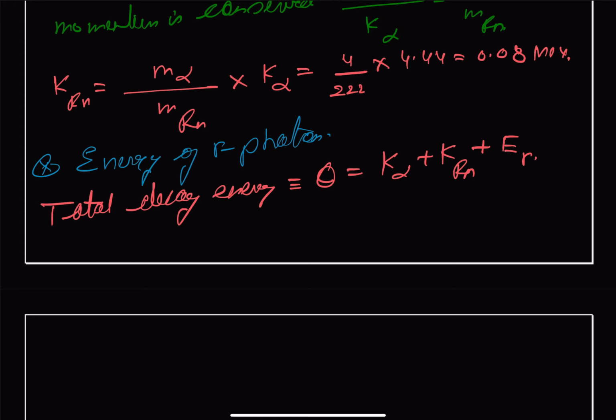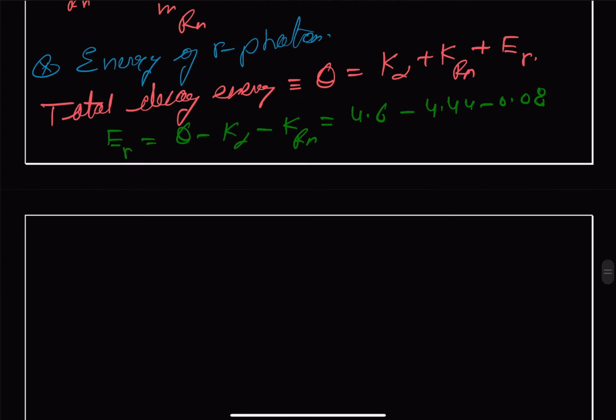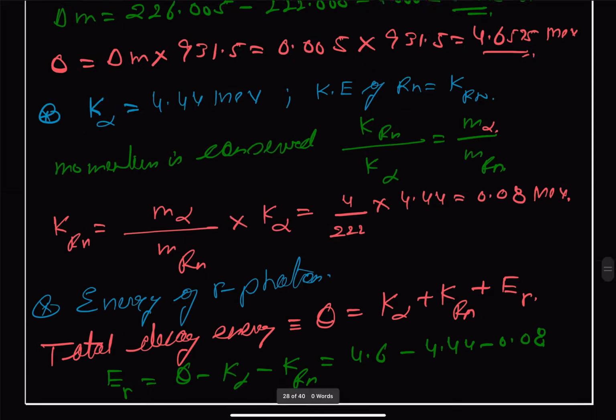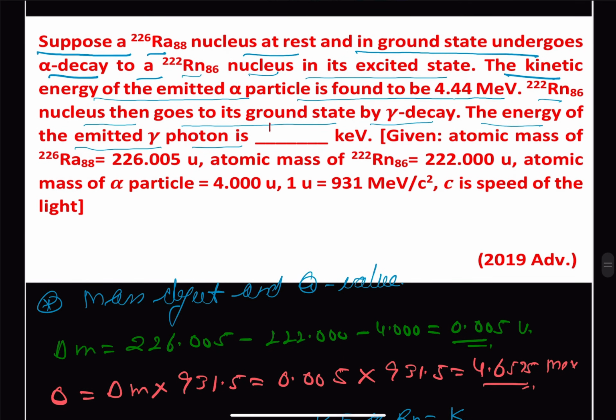So we can rearrange it. Energy associated with gamma is equal to Q minus K alpha minus K of Rn, which gives us 4.6 minus 4.44 minus 0.08. Therefore, our gamma energy is equal to 135 kilo electron volt. So this is our 135. Next question.